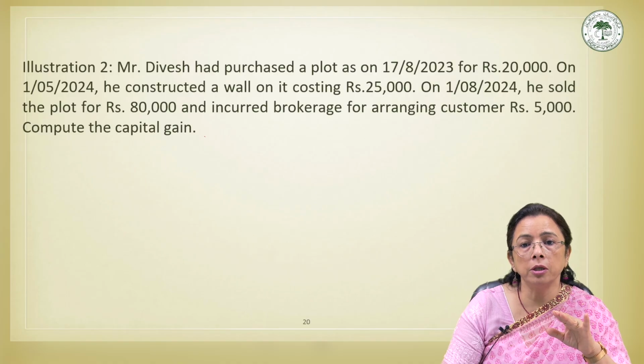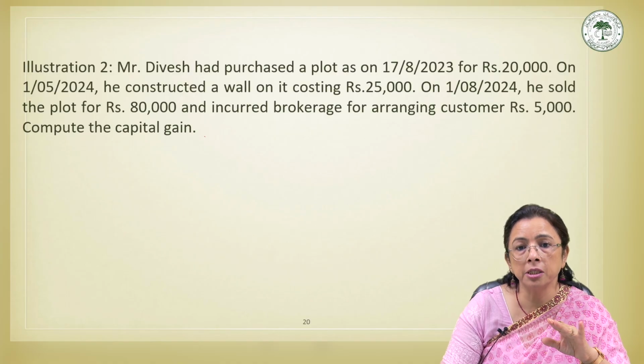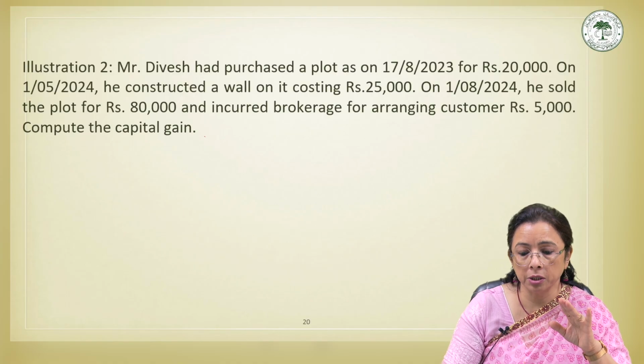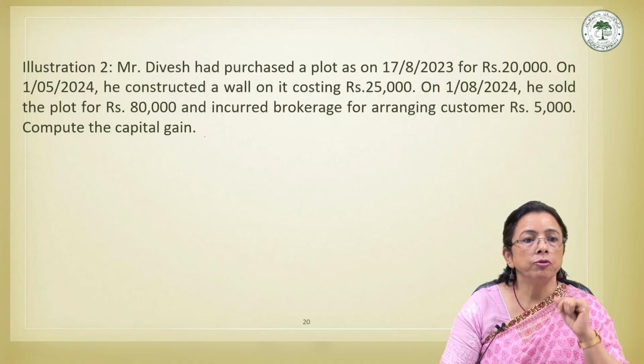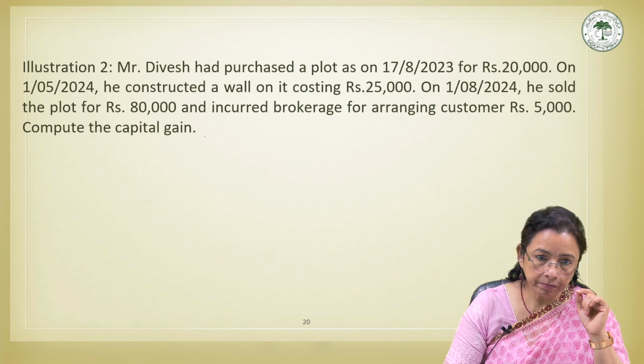He sold the plot for rupees 80,000 and incurred brokerage for arranging the customers, that is rupees 5,000. We have to compute the capital gain.